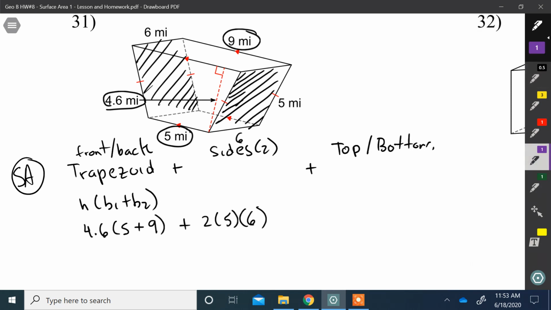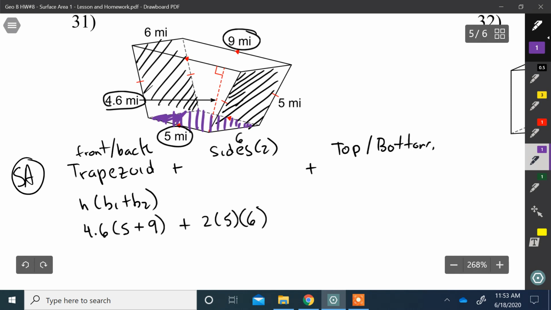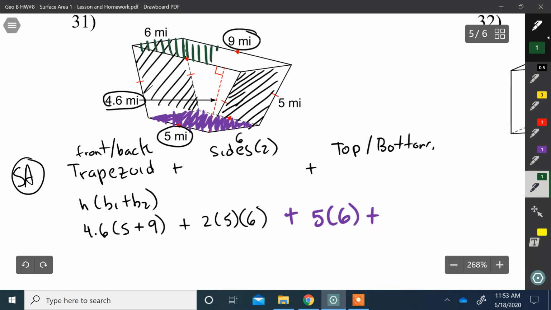If you look at this problem, the top and the bottom are actually different. Let's do the bottom, 5 times 6, plus now let's do the top. The top is 6 times 9.